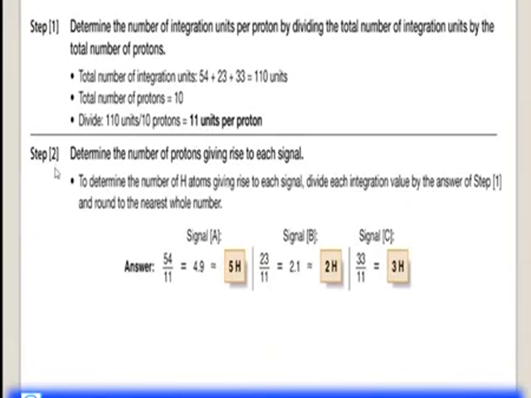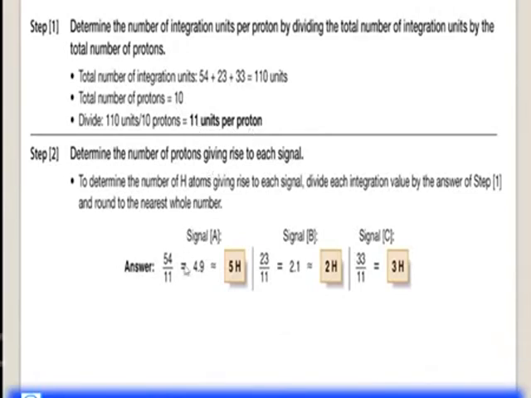Now step number 2 is to determine the number of protons giving rise to each signal. To determine the number of protons giving rise to each signal, divide each integration value by the answer of step number 1 and round to the nearest whole value. The value comes out to be 110 by 10, that is 11 units per proton.